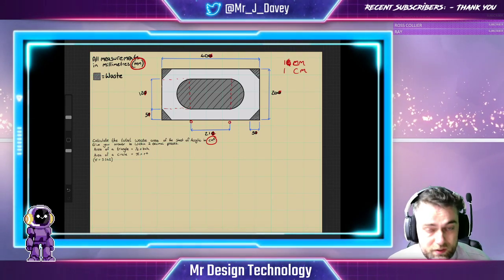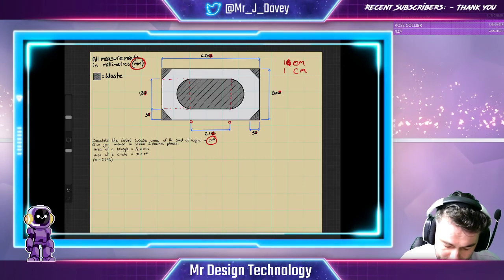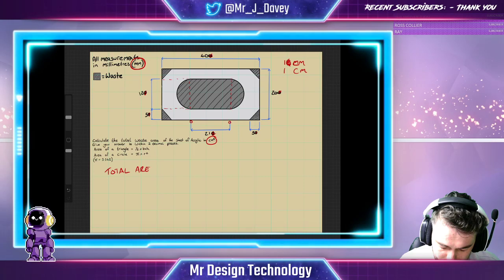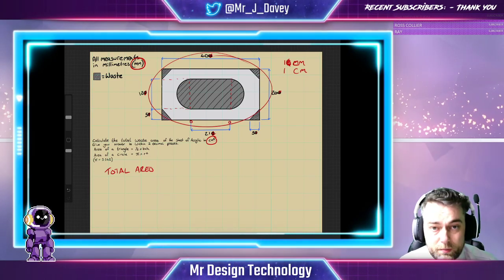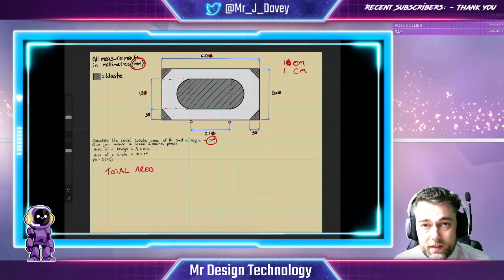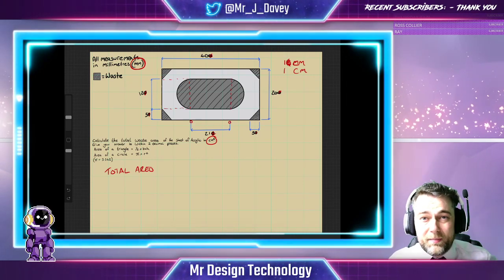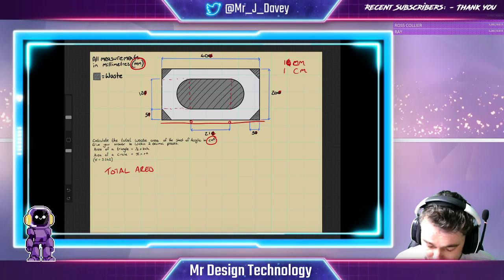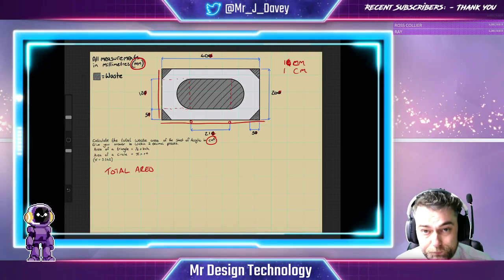Now, first things first, work out your total area. So let's work out what the whole of this is going to be. And that, as your maths teachers will say, is base times height. So it is this bit measured by this bit.